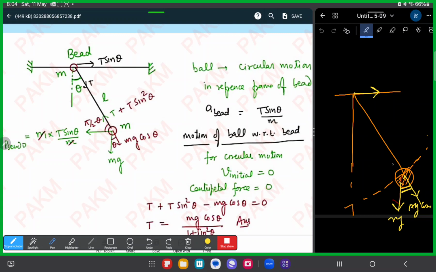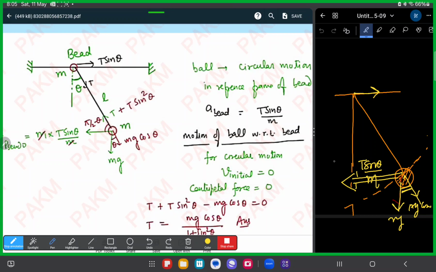And since the pseudo force is acting, the pseudo force is t sine theta divided by m, multiplied by m.